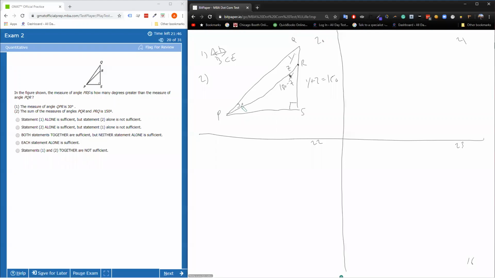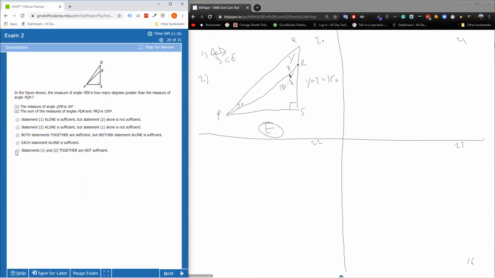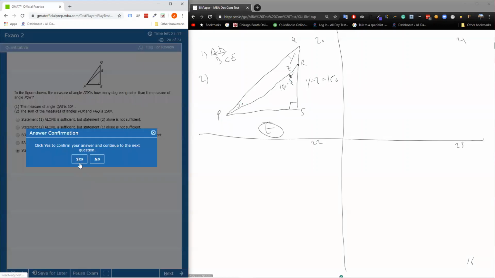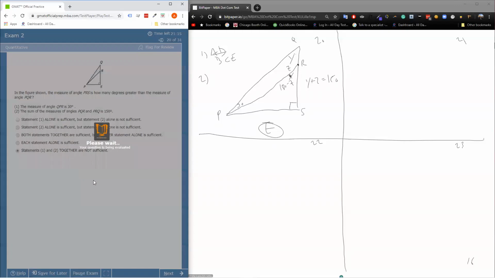So this is sort of the same information as the first one. 30, 150. And so I think it's going to be E if they're giving the same information. It's either got to be D or E, that means. So I'm putting E, unless I missed something.